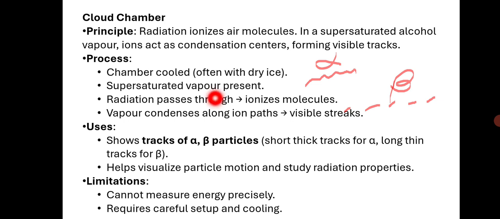All right, very important. So it shows tracks of alpha and beta particles, and for you to tell which is which: short, thick tracks for alpha and long, thin tracks for beta.